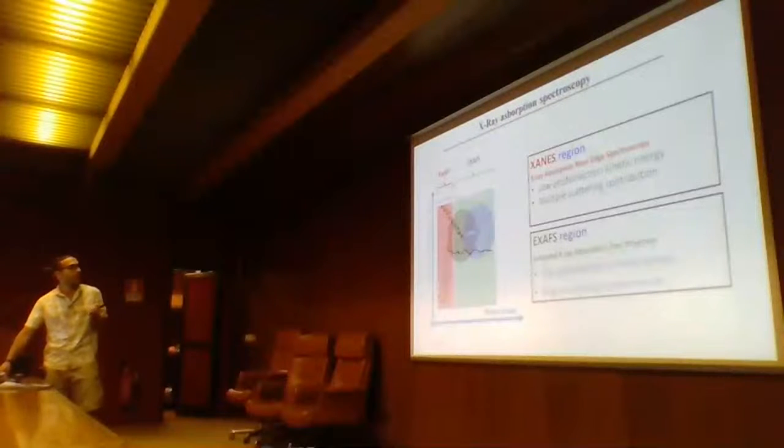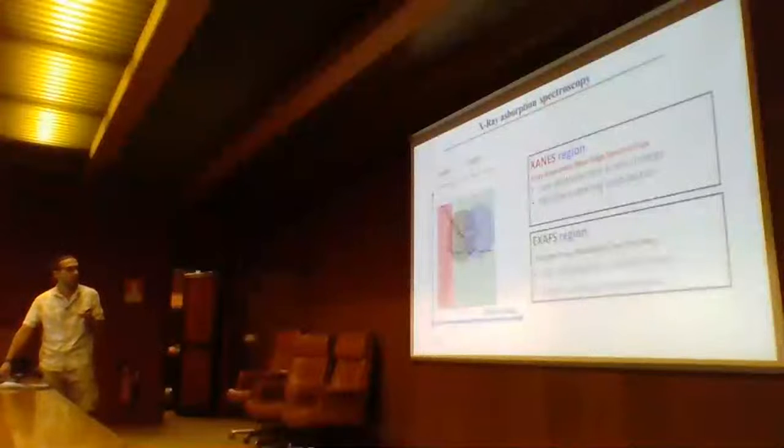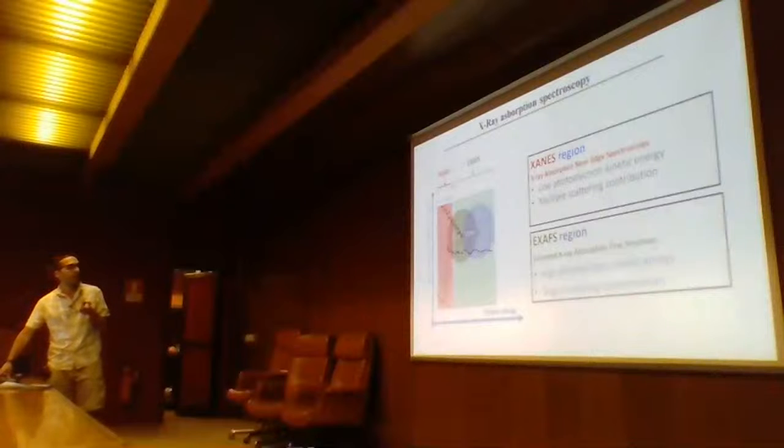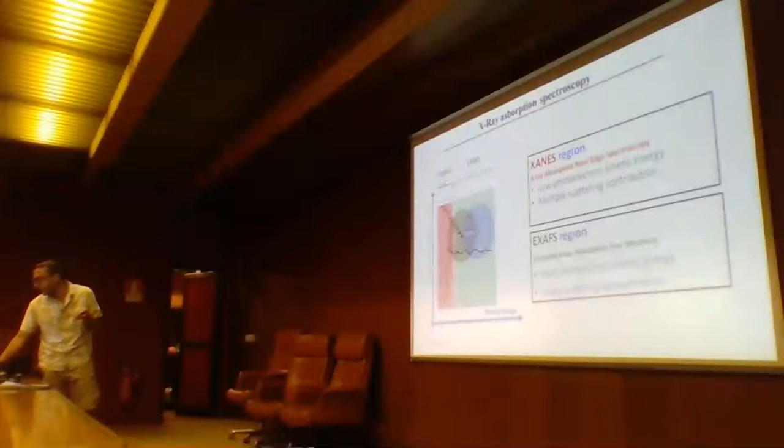In particular, in the near edge region, since the multiple scattering contributions are prevailing, the analysis is quite difficult, but richer. On the contrary, in the fine structure region we can employ the single scattering approximation, so it's easier to get information, but that information is mainly about the average distances of the surrounding atoms.